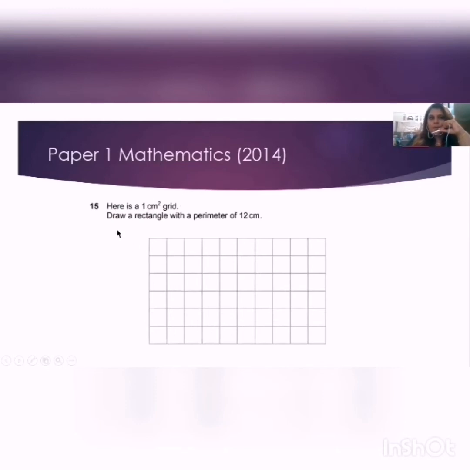If we have a look, they already tell us that here is a 1 centimeter square grid, right? So you have to draw a rectangle with a perimeter of 12 centimeters. Let me annotate it here.